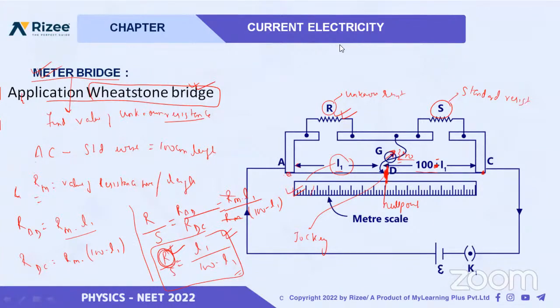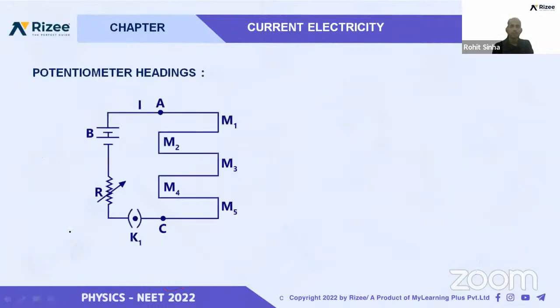Now, let us move further. Our next concept is the potentiometer. It is very important. What is a potentiometer? Usually, we have one long wire called AC.